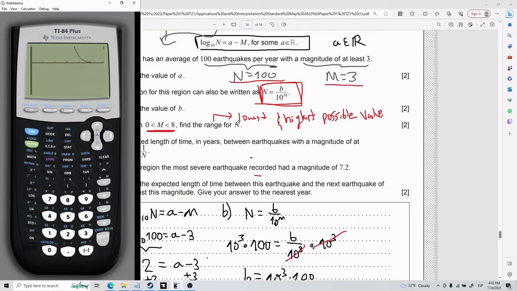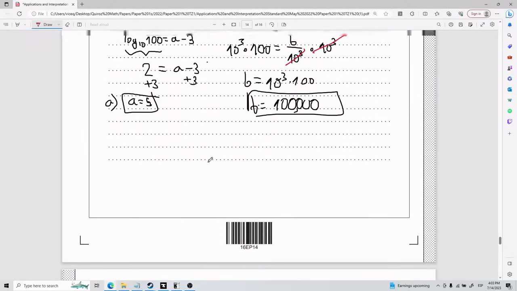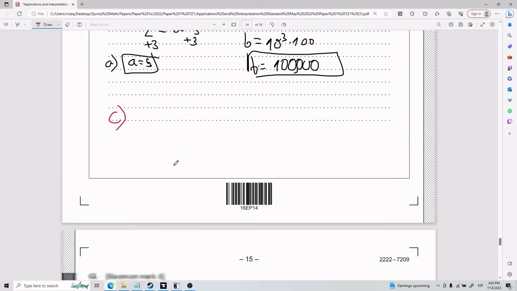Obviously the first time you graph it's probably not going to look that pretty. I'm going to try zoom standard or zoom fit. Zoom fit. Okay, it looks a little better, in fact that might be good enough. So this thing looks like this, okay?